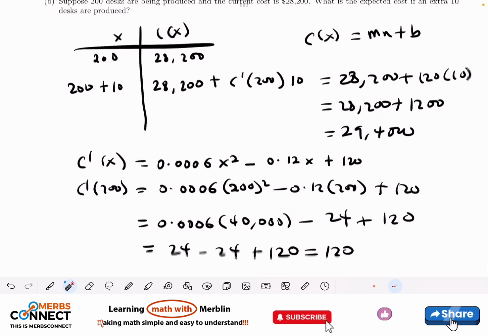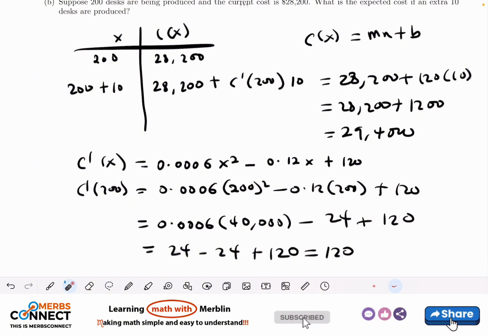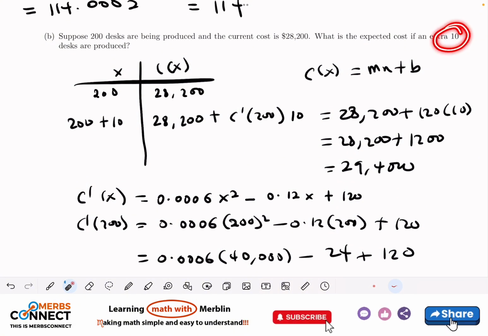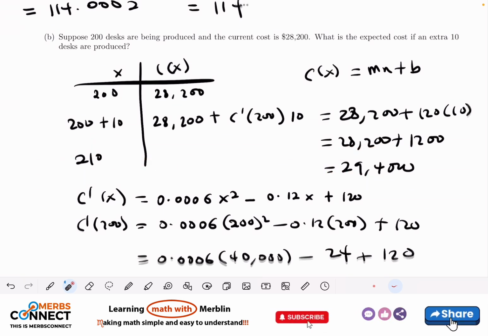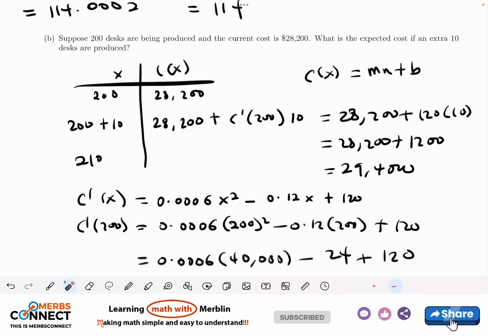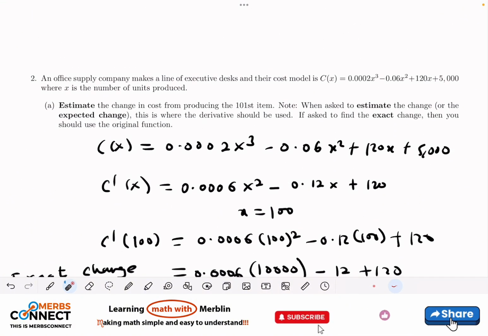So it means that when I want to produce extra 10, the extra cost will be 1200. Then I need to add it to the old cost, which will give us this. So it means that when we produce 210 units, we are going to have a cost of 29,400. So that will be the 2.